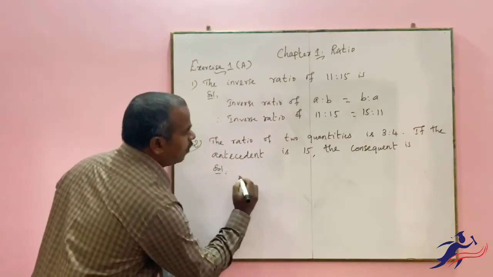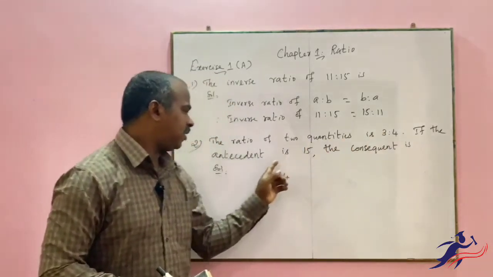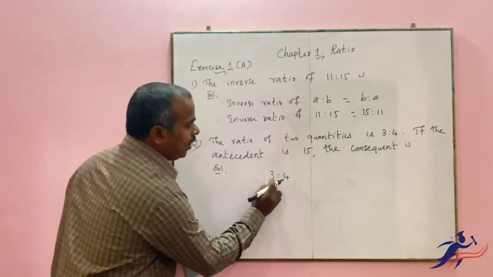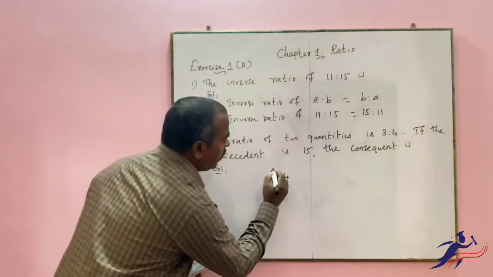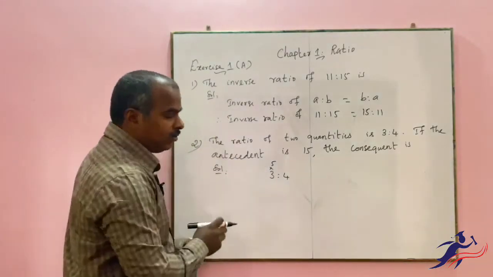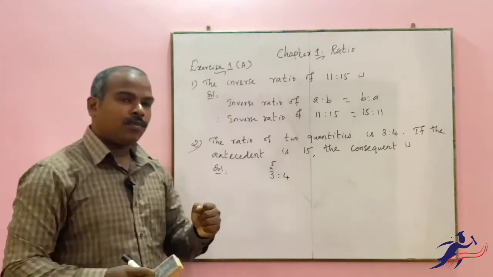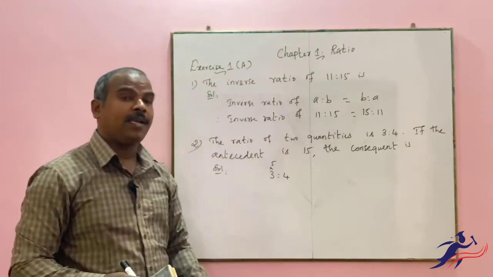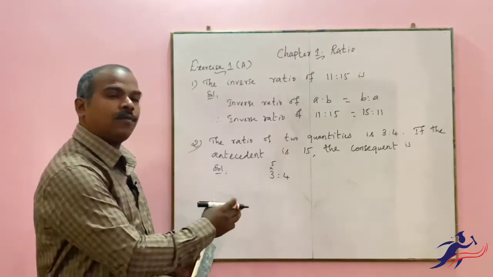Listen carefully. Given ratio is 3 is to 4. But they have converted the antecedent into 15. So when you multiply 3 by 5, you get 15. 3 5s are 15. So I already explained to you, if each term of the ratio is multiplied or divided by a non-zero constant, the value does not change.